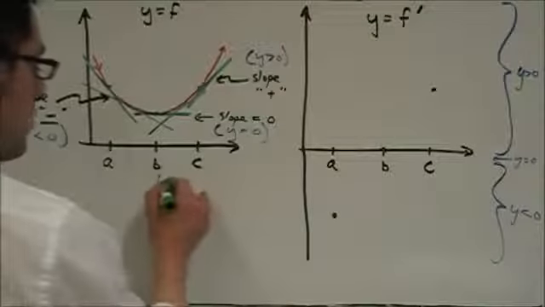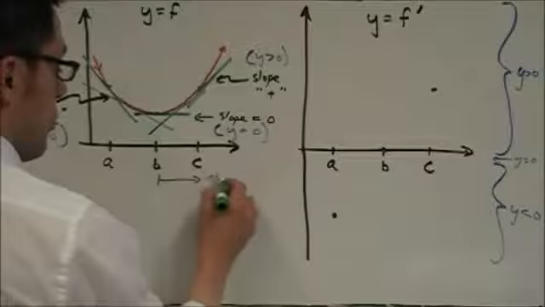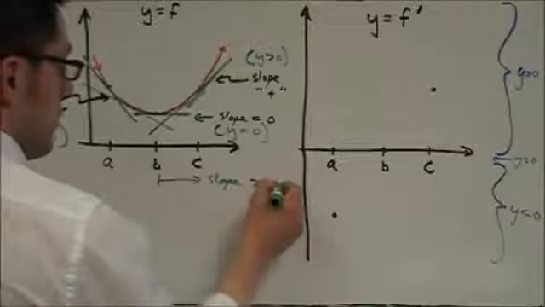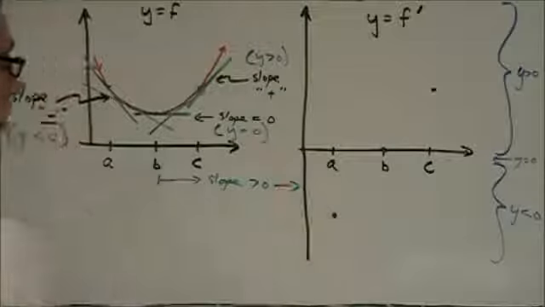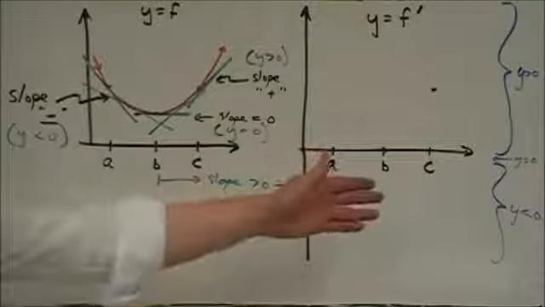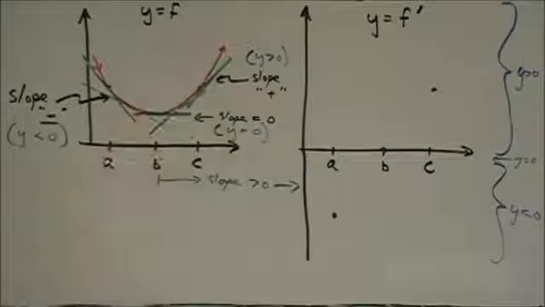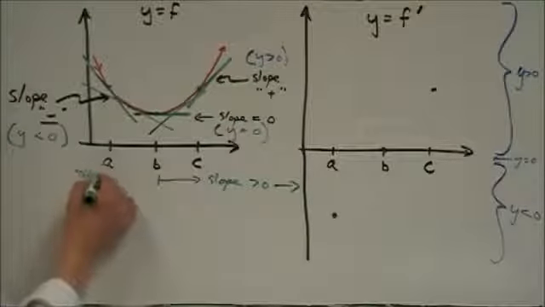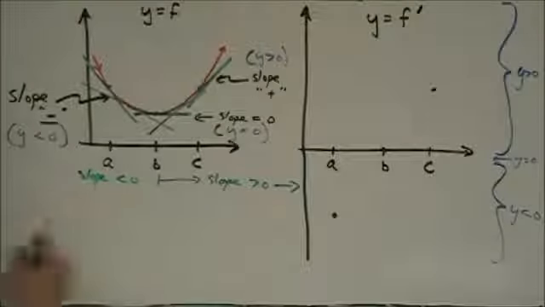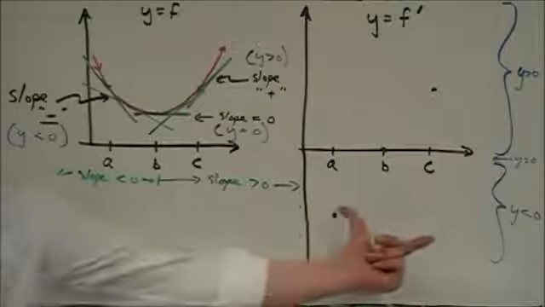So from B out to C, slope is positive. And beyond, the slope of the tangent line is always positive. And before this transition point, the slope is always negative. I'll put less than 0. That's the thing to keep in mind, and that's exactly what's going to happen here.